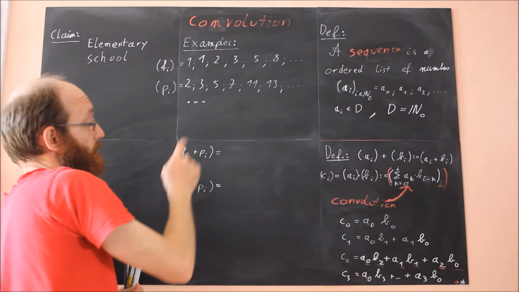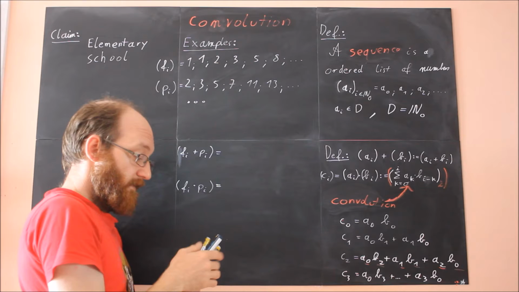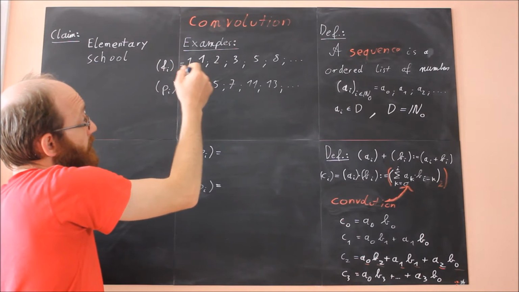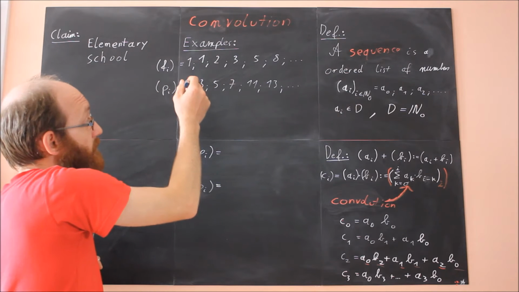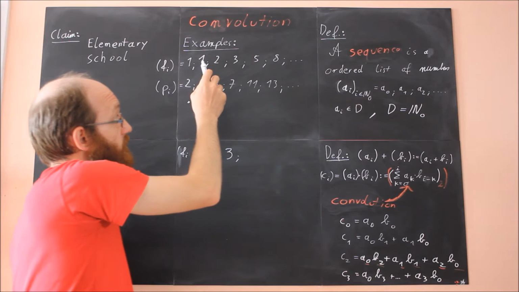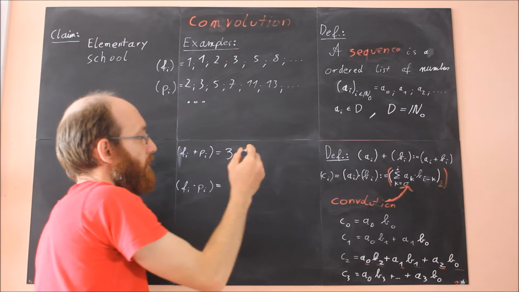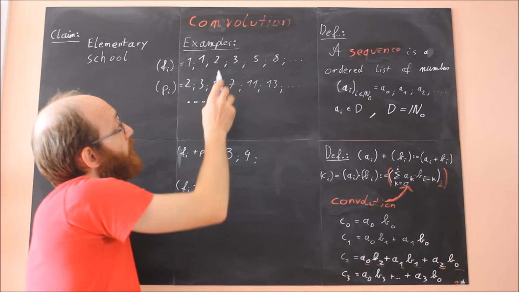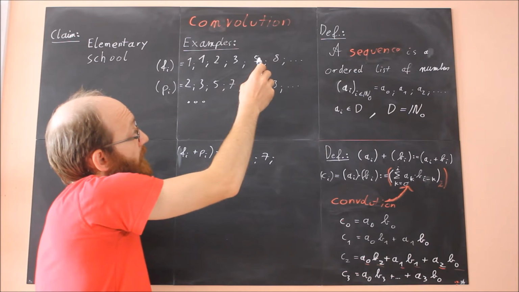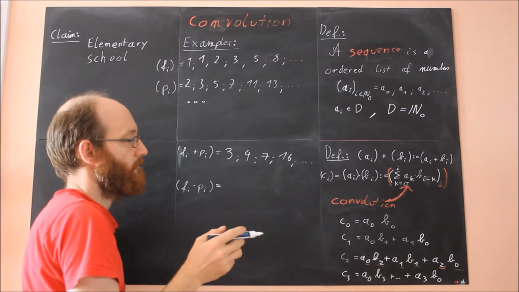For example, if we add the Fibonacci list and the prime list: the first position of Fibonacci is 1, the first position of prime is 2, so 1 plus 2 is 3. Then the second position of Fibonacci is 1, the second position of the primes is 3, so 1 plus 3 is 4. Then we take the third, 2 plus 5 is 7, 5 plus 11 is 16, and so on.